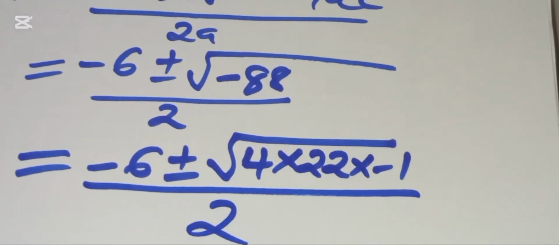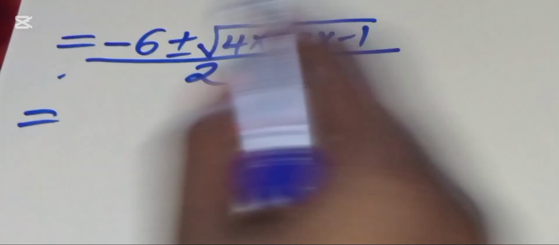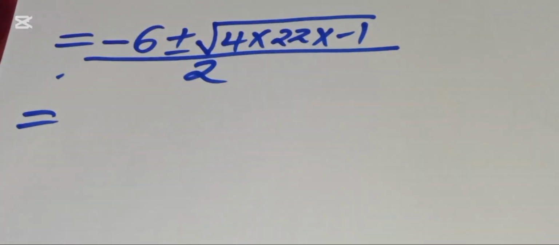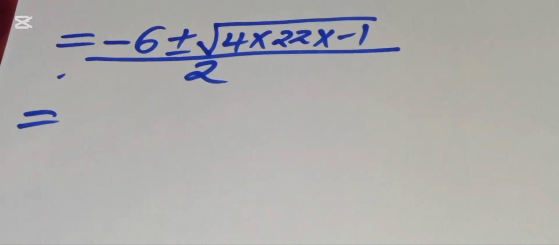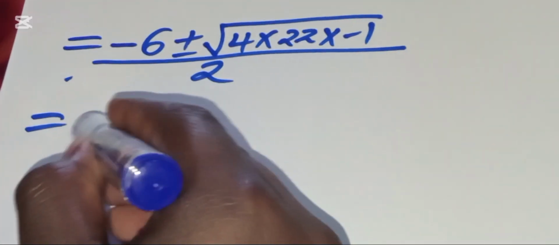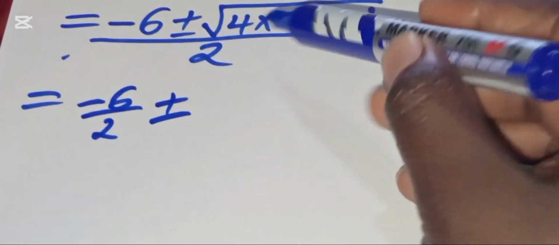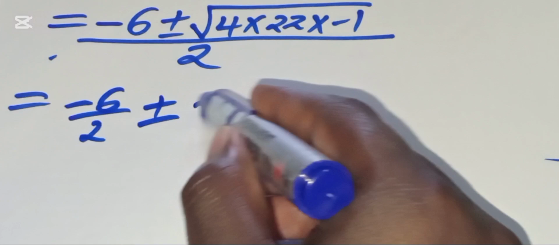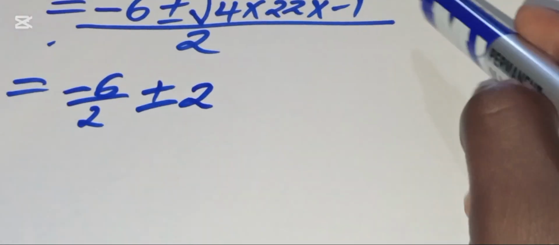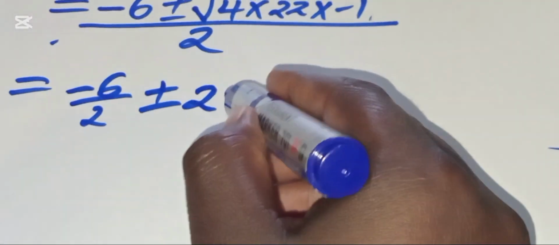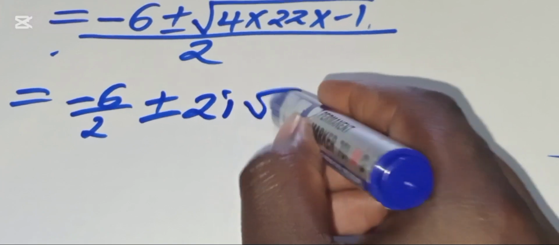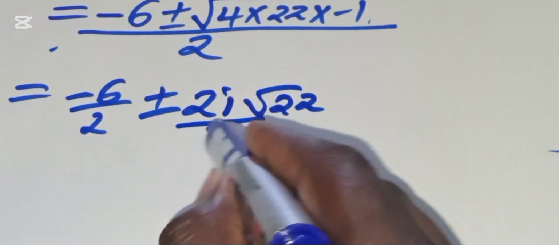So we have negative 6 divided by 2 plus or minus the square root of 4, which is 2, the square root of negative 1, which is i, and then the square root of 22, divided by 2.